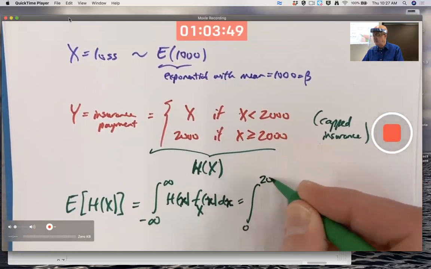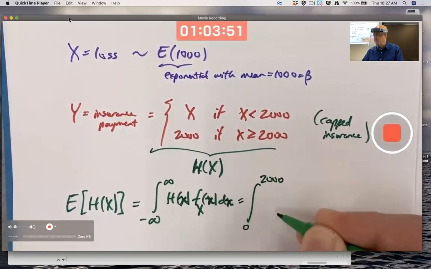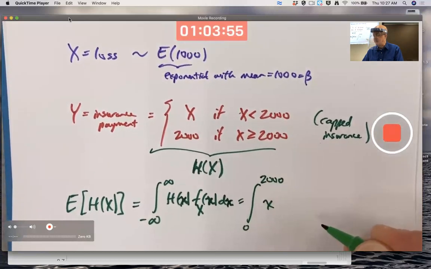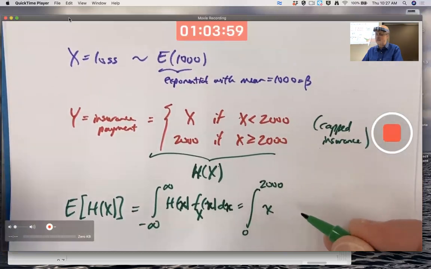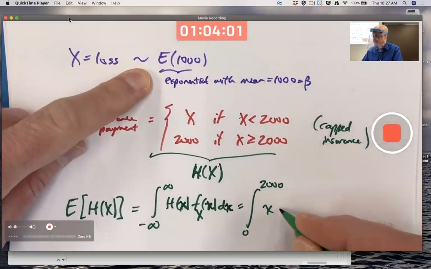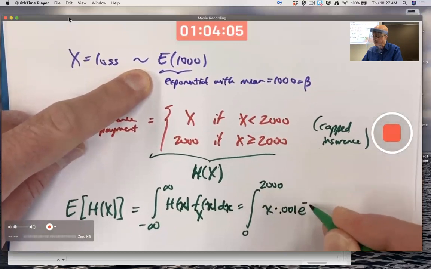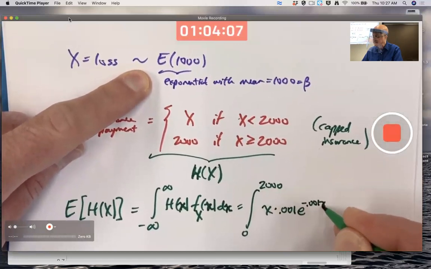The integral from 0 to 2000 of x times the PDF of x. The PDF of x, exponential with mean 1000, is going to be 0.001 e to the negative 0.001 x.